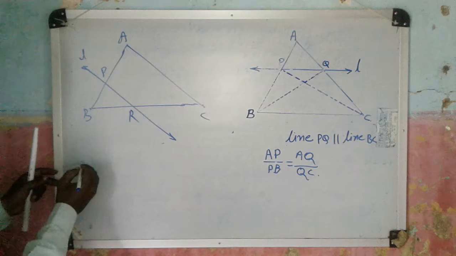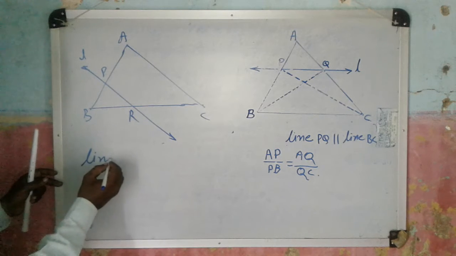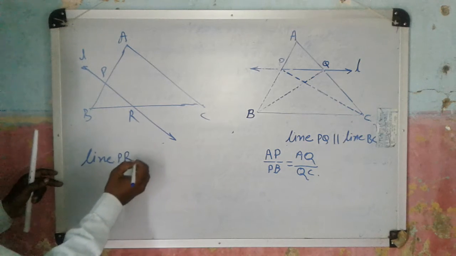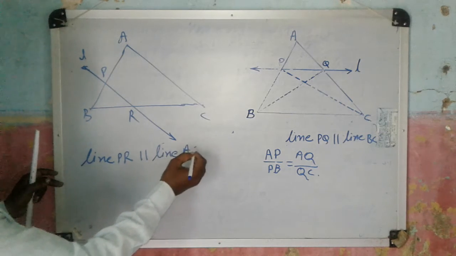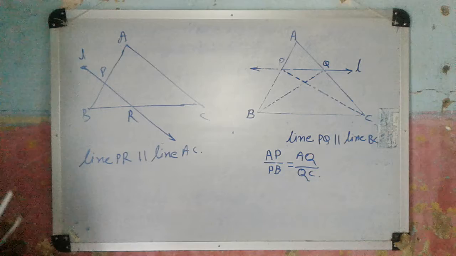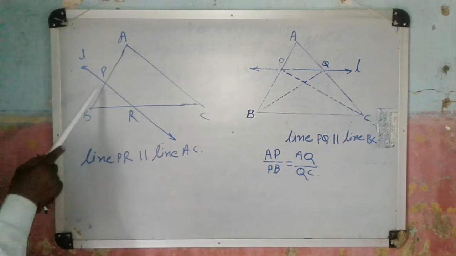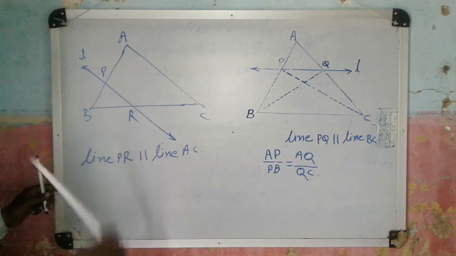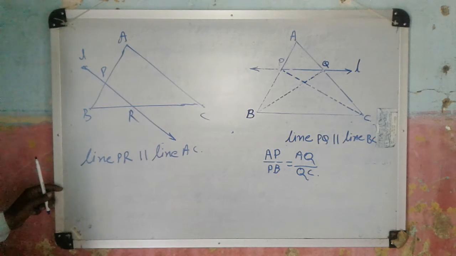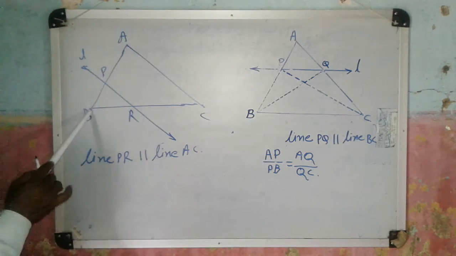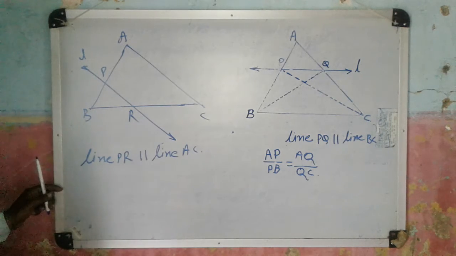Now here, line PR is parallel to line AC, that means side AC, and it intersects side AB and side BC in points P and R respectively.